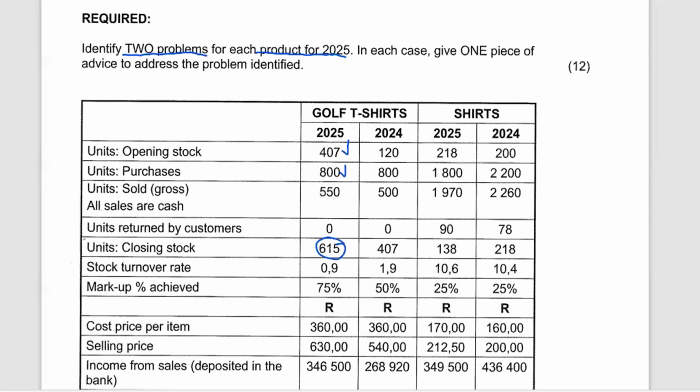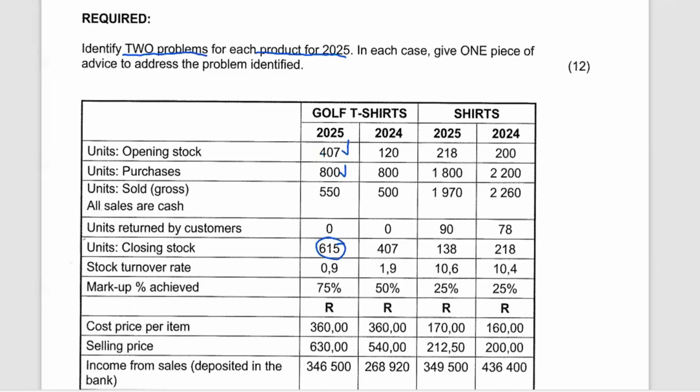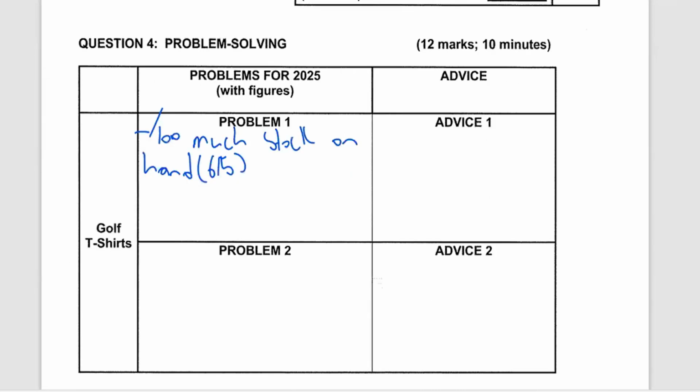Then you also quote the figure. Our closing stock is 615. Then if you can also check from the previous year, it increased by how much? 615 minus 407. It increased by 208 units.